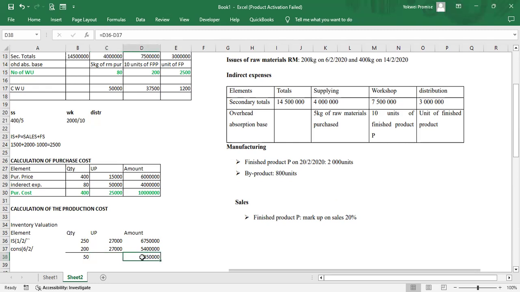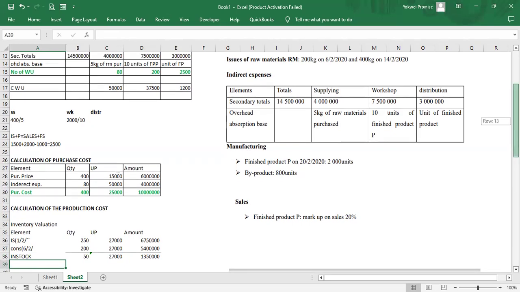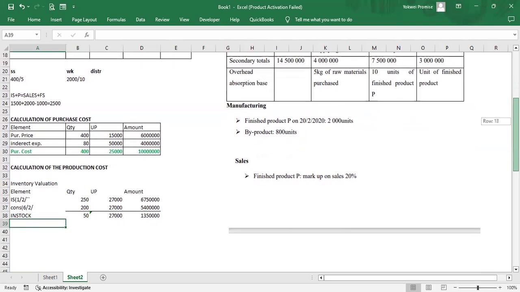Here we have this divided by this. This is what we are having in stock. Let's try and complete this part, as we are left with 9 minutes for this to close again. This is what we are having in stock now, 50 units.